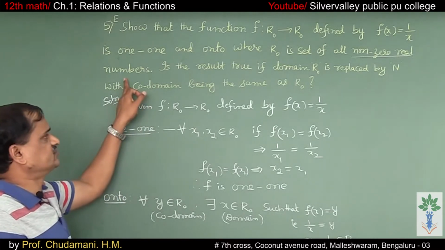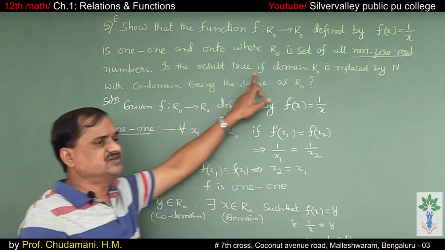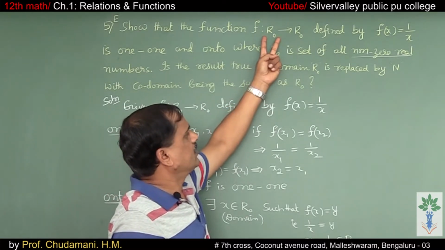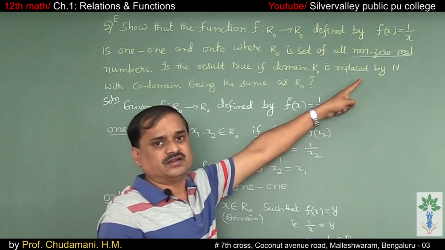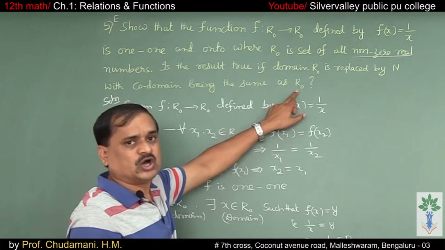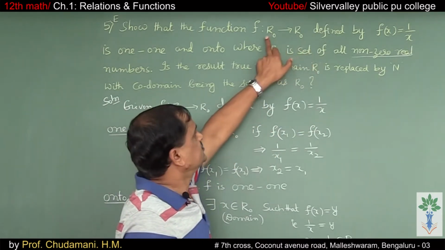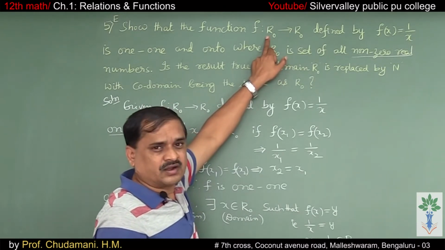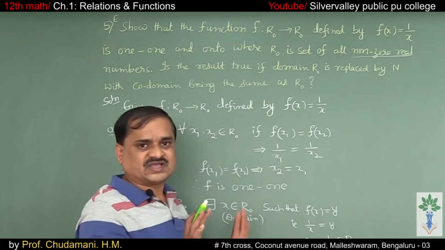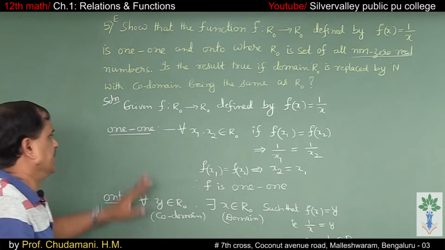Continuation: is the result true if the domain R0 is replaced by N and the codomain being the same as R0? That means if the domain R0 is replaced by N and the codomain retains as it is, is it 1-1 and onto? They are asking. Let us verify.